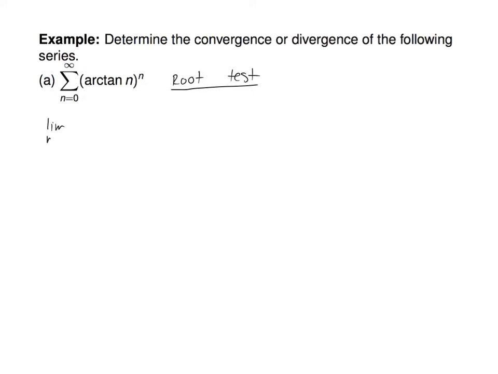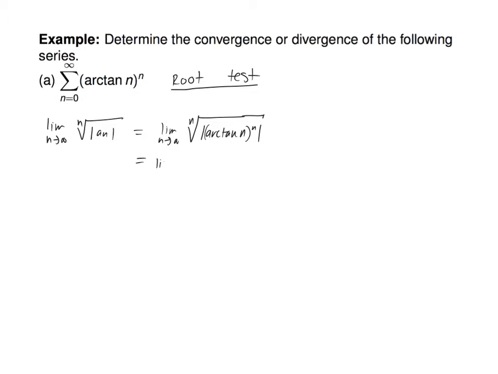So limit as n goes to infinity, nth root, absolute value of a_n, which is arctan of n, all to the nth power. Can we move the n outside the absolute value?